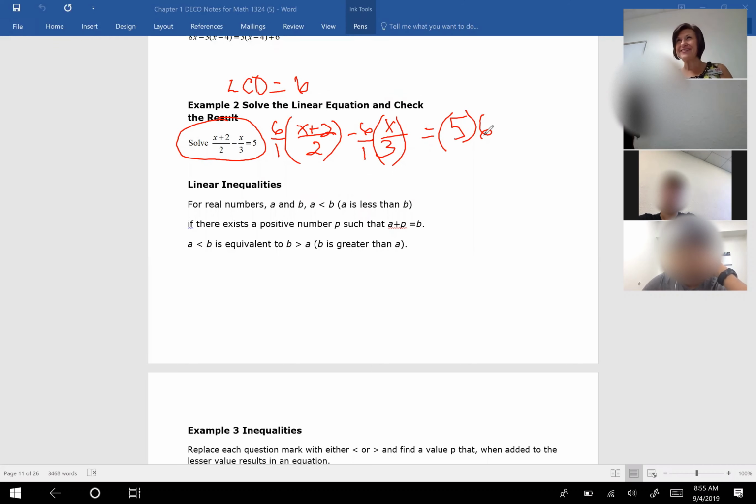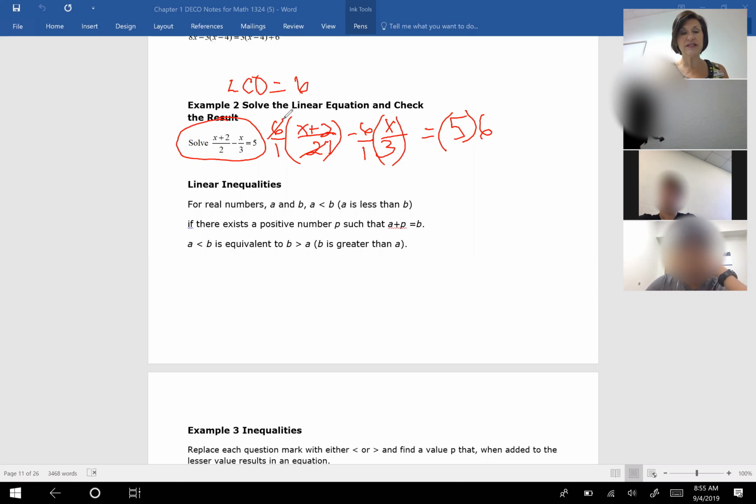Now, watch the magic. Look at your first term. You have 6 over 1 times x plus 2 over 2. Remember, when I'm multiplying fractions, if I see something that is a common factor between numerator and denominator, what can I do with it? Can I reduce? I sure can. 2 goes into 2 one time.